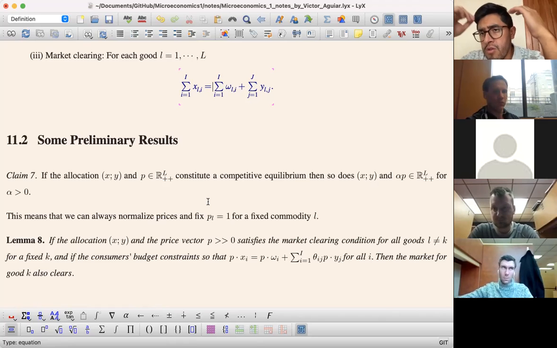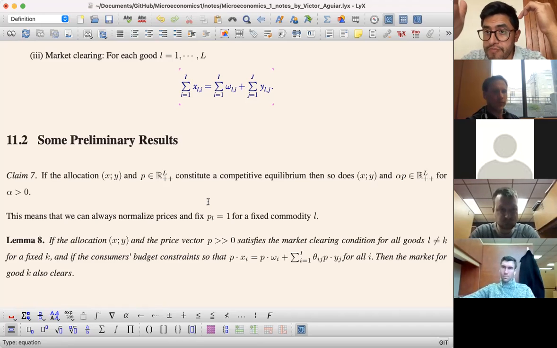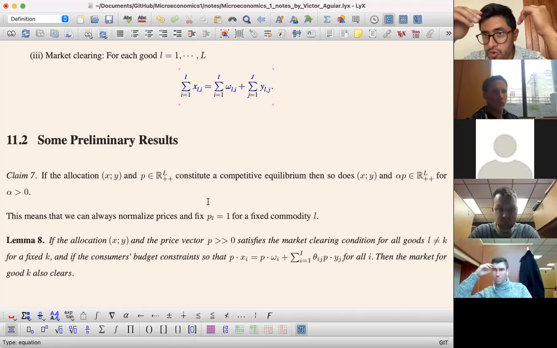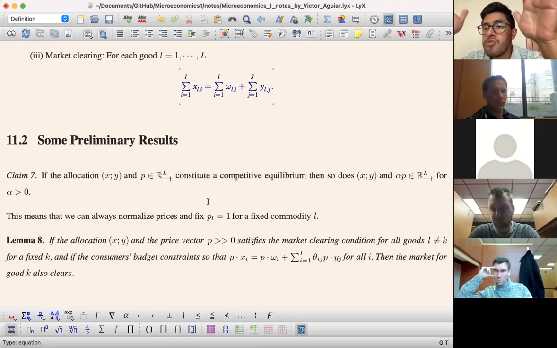What they wanted to do is very ambitious, because they wanted to be able to predict prices, and predict what people are going to consume and what firms are going to produce, from knowledge of preferences and knowledge of production technologies.